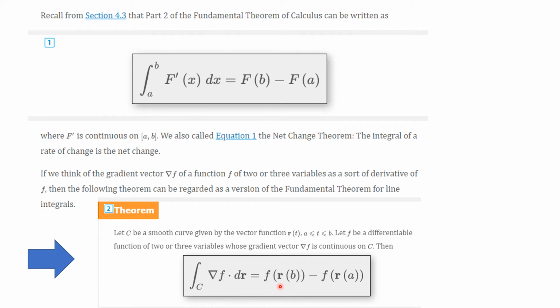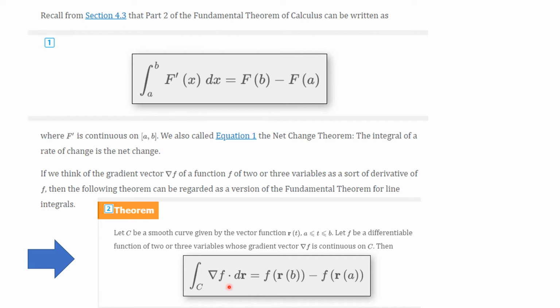And this lowercase f is the potential function associated with del f.